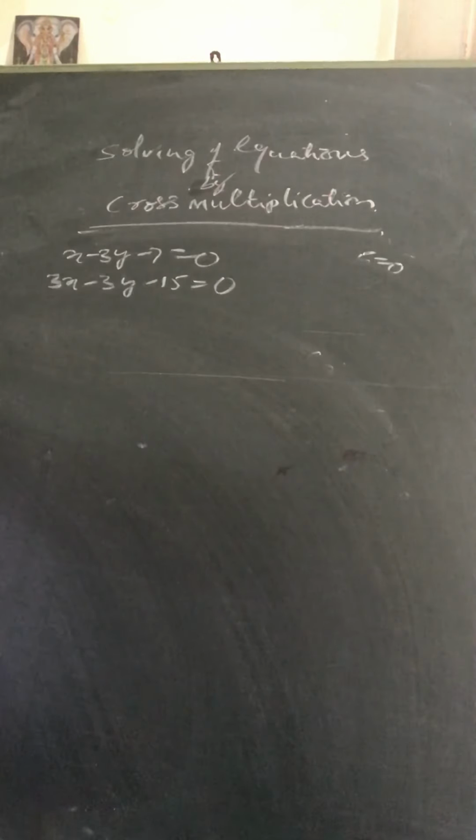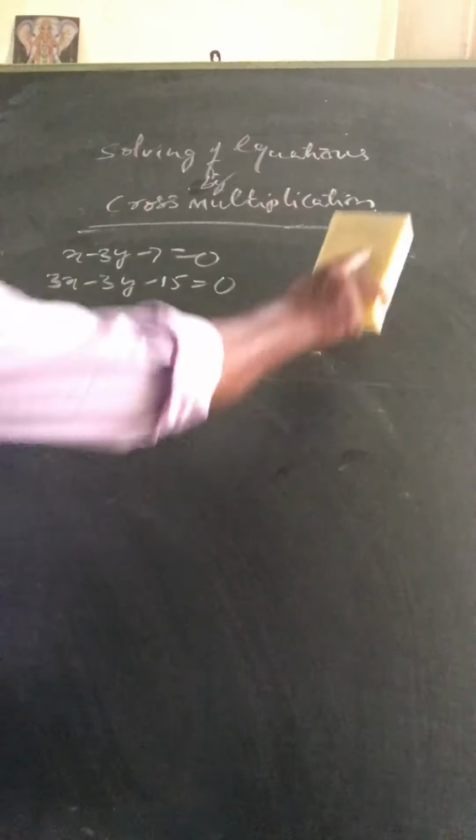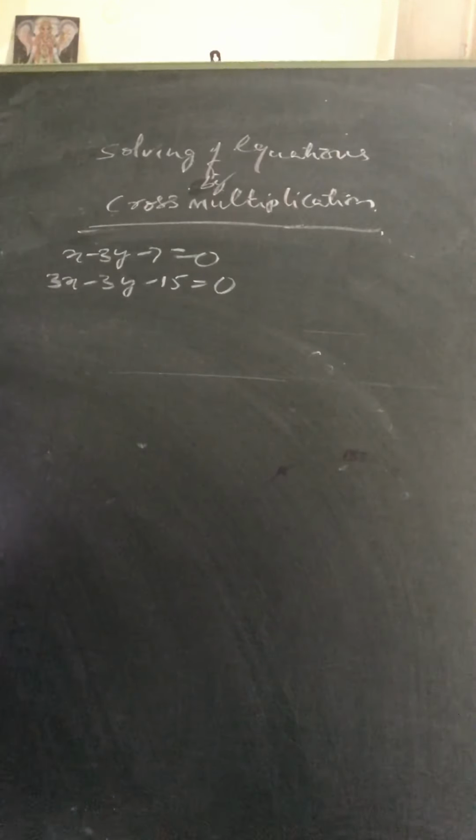Please check it again. x minus 3y minus 7 is equal to 0. 3x minus 3y minus 15 is equal to 0. The equations are already given in the general form, so directly you can take the coefficients from this.